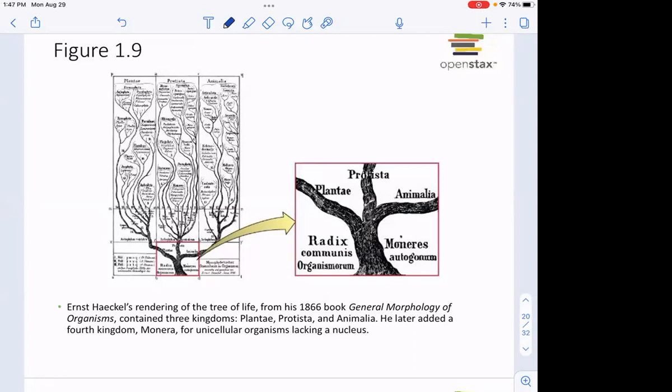Okay, so protists are eukaryotic, Monera is an old-fashioned term for prokaryotic organisms or just bacteria even. So he made a new tree of life that had the plants, the animals, and the protists. I'm not sure where he put those Monera in relation to that.